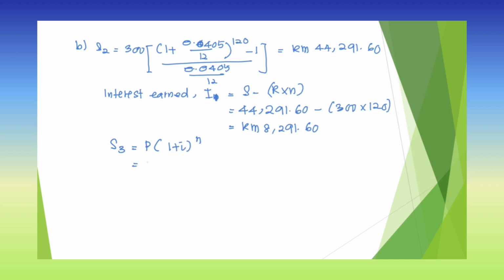The principal now is 37,556.50, times 1 plus the interest rate 0.0405 over 12 to the power of 120. So the accumulated amount is 56,270.17.